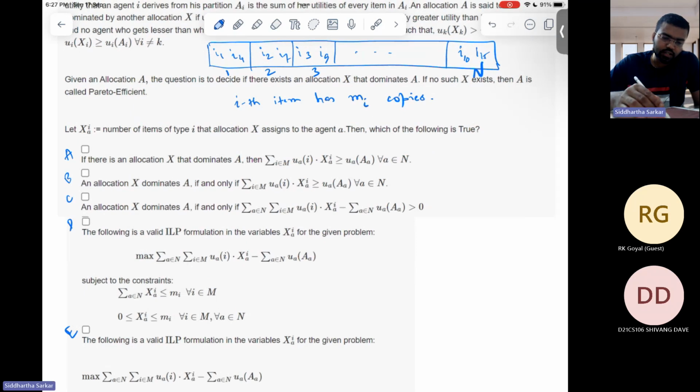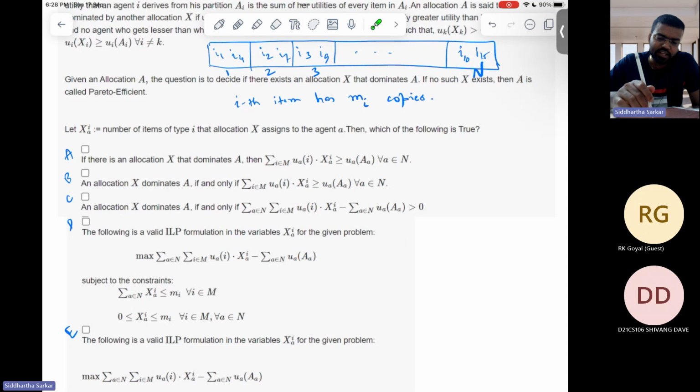The first one is asking, if there is an allocation X that dominates A, so X is strictly better than A in terms of our definition, then is this true? What does it say?